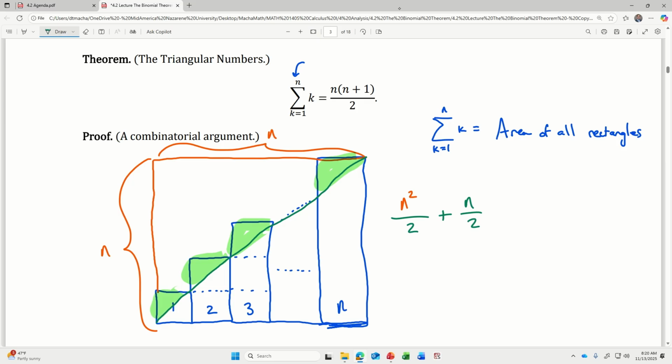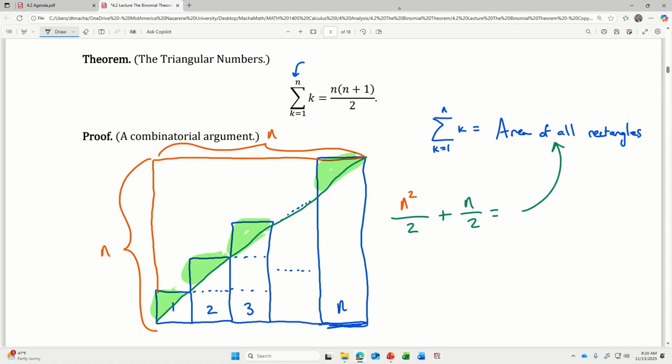Because there's however many rectangles you want in the middle there. Because n could be the number 15, n could be the number 35. So however many rectangles you want, however many triangles you want there in the middle. But there's going to end up being n triangles, each with an area of 1/2. So if I just add together n squared over 2 plus n over 2, that's going to give me the area of all the rectangles. And that's going to be my answer.